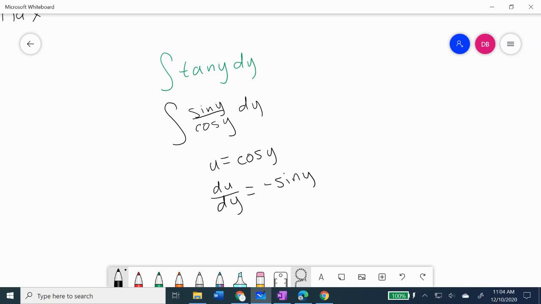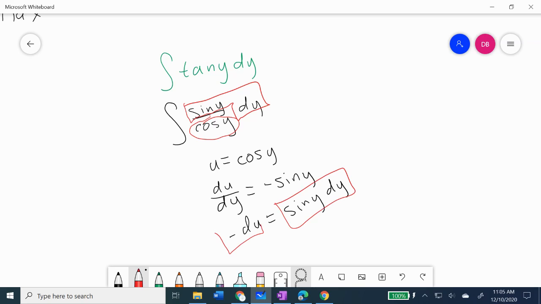I'm going to multiply the dy over to positive sine y and multiply the negative over to the du. And so I'm going to replace the denominator with a u, and replace sine y times dy with negative du.